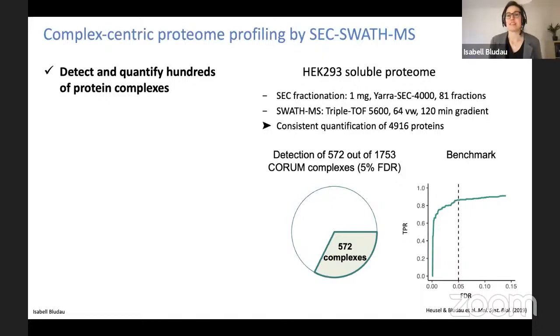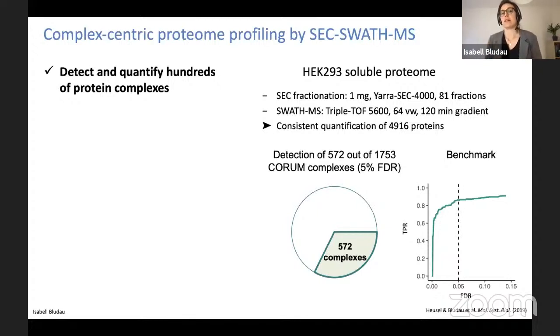Okay, so now I get to the actual data. The first proof of concept study we performed in a human HEK293 cell line, and here Moritz Heusel actually generated most of the data that I'm showing here today.